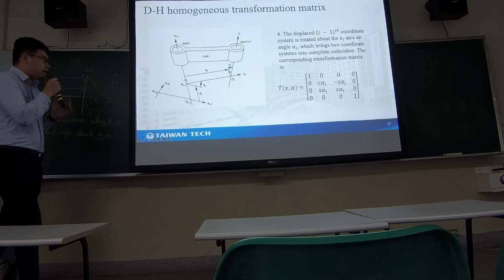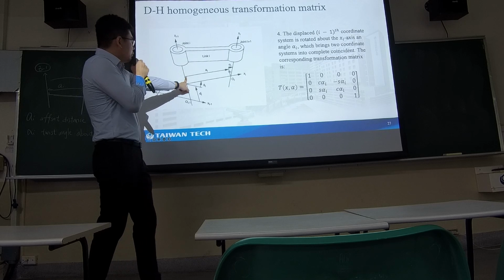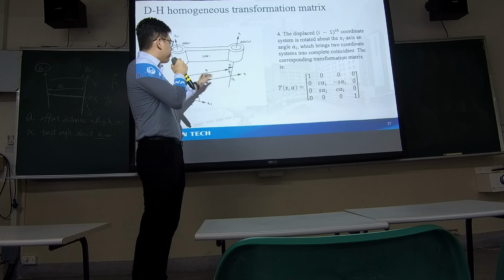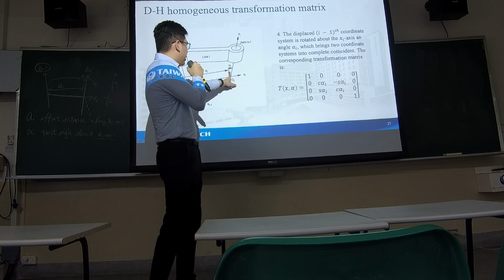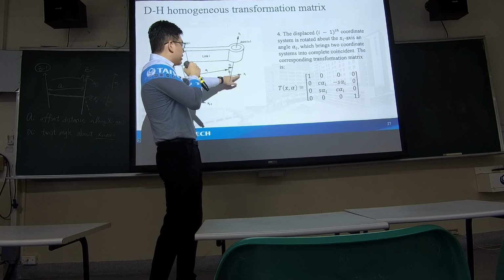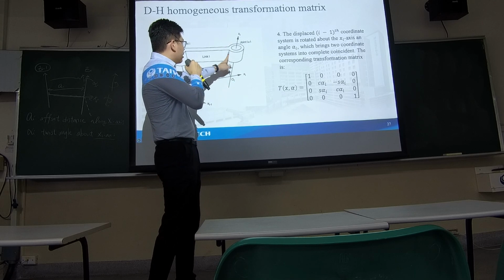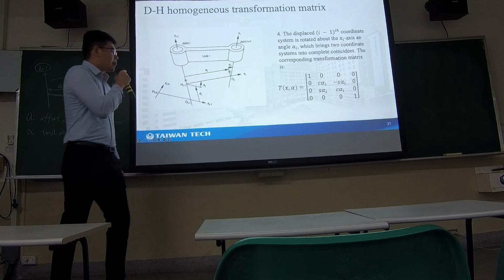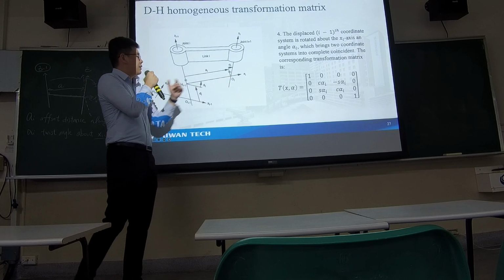So for the last one, alpha. So again, we move it here. Then the position vector is already the same, but the orientation is different. So we need to rotate about xi to become collinear with the zi. So it rotates about the x-axis.